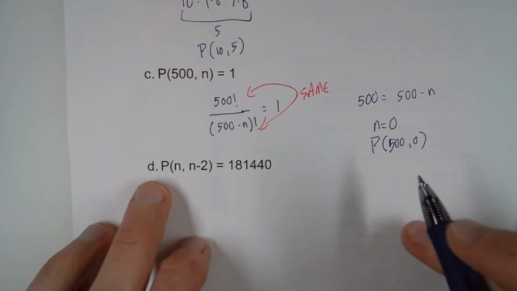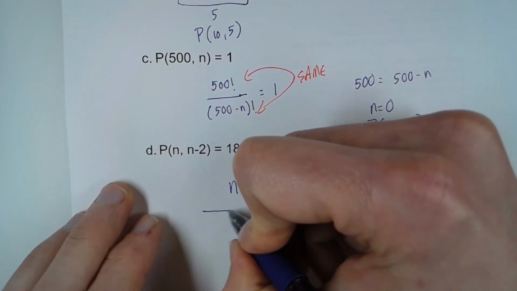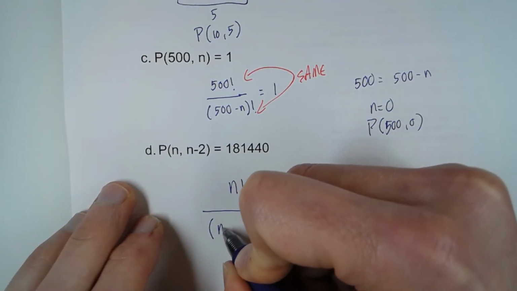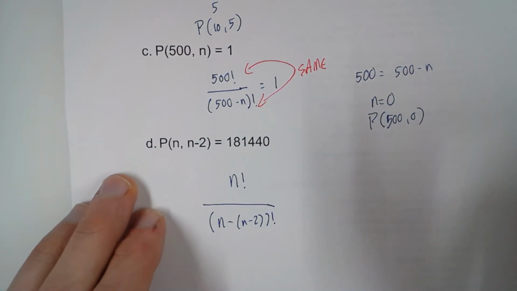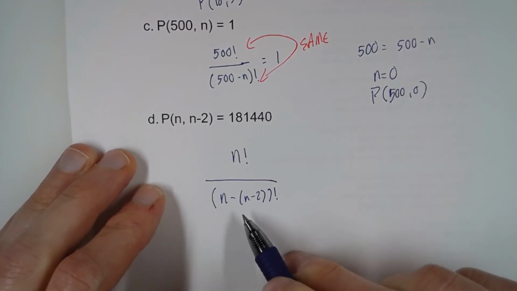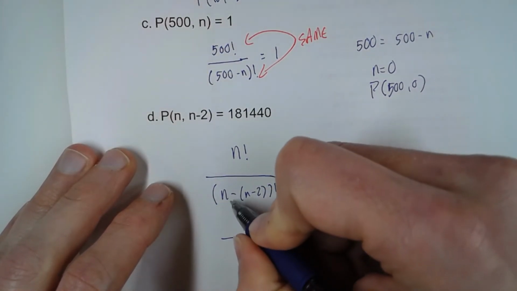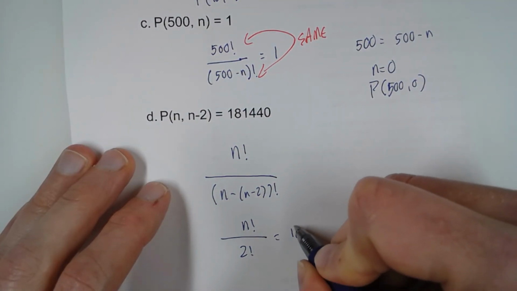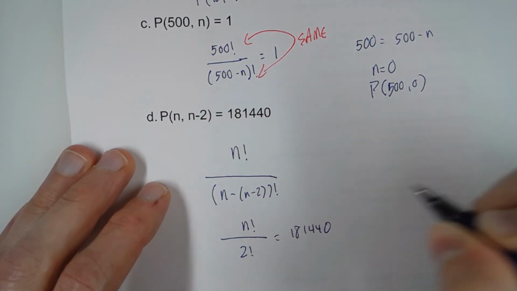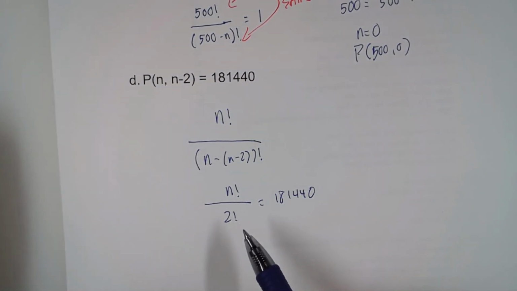All right. And this last one, I'm going to set this up the same way. n factorial on top, (n minus 2) factorial. So now I'm going to simplify this because I can distribute the negative and the n's will cancel. All right.